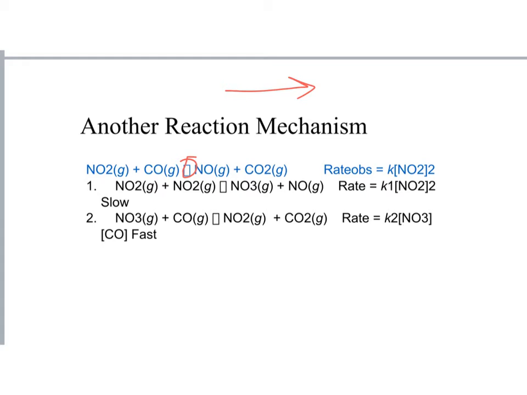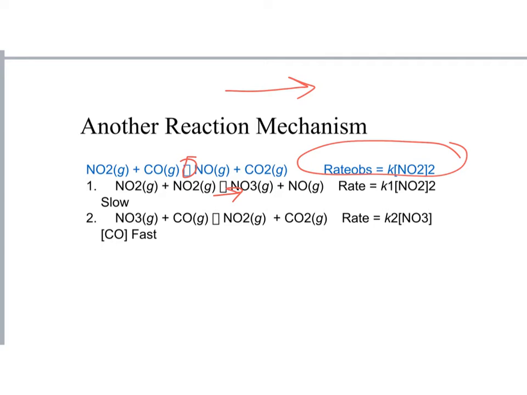The observed rate law is the rate is k times the concentration of NO2 squared. Remember, this is from experimental data. But if we look at breaking this down into steps, then this first step looks like the rate is k times NO2 squared.